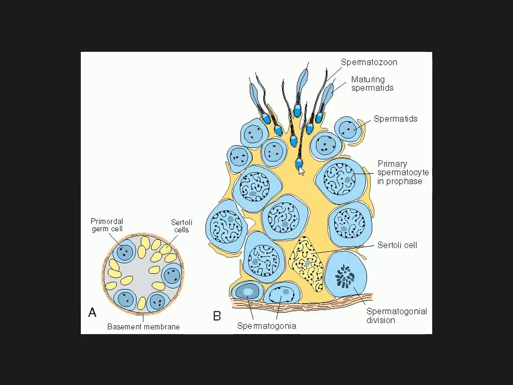Okay, the next and last event during spermiogenesis is tail formation. The tail formation happens by a centriole. In the spermatid we have 2 centrioles, proximal and distal.